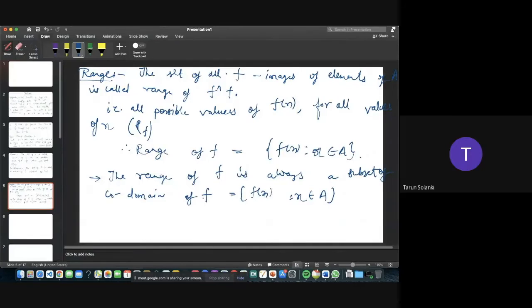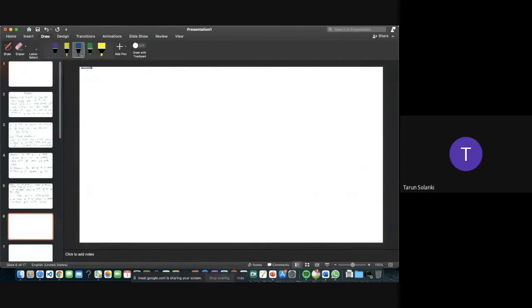Now the point is here, the range of f is always a subset of codomain B, that is R of f is a subset of C of f.